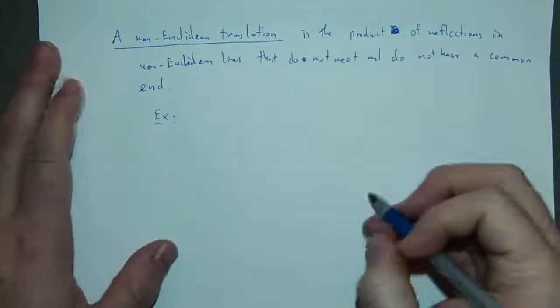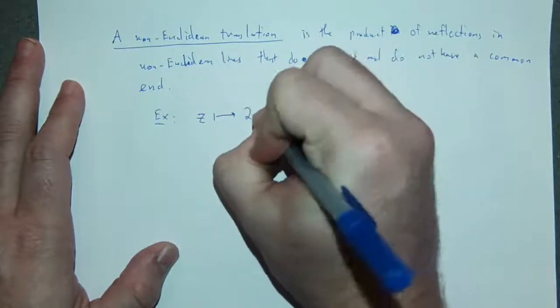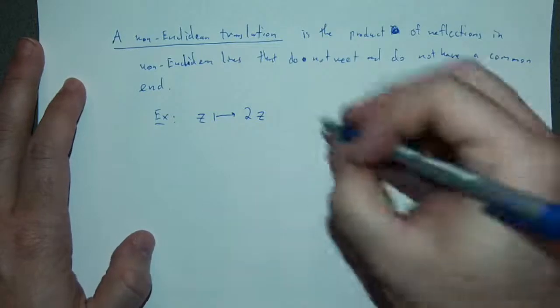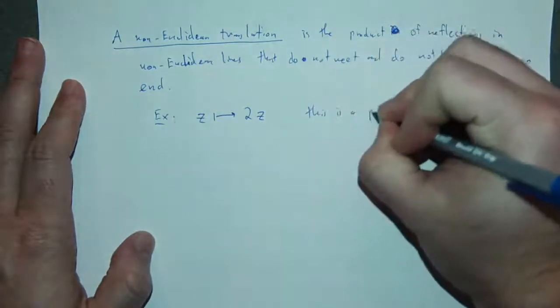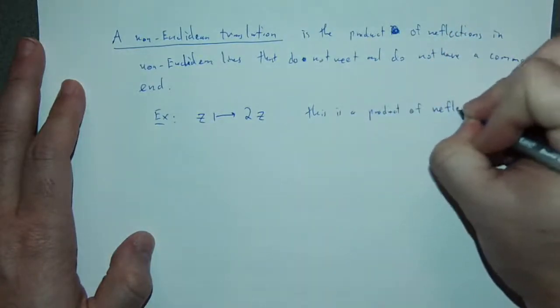Okay, so an example is the map z to 2z. Okay, this is a product of reflections.